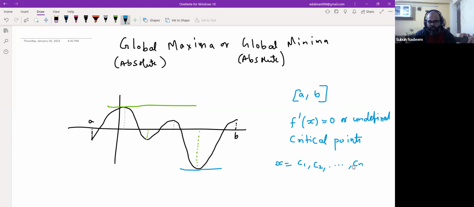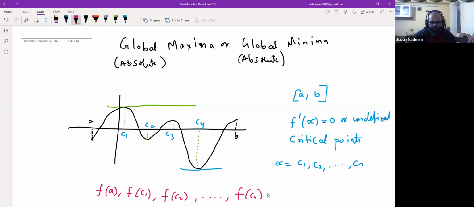These are the critical points. As you can see here, this is C1, this is C2, this is C3, this is C4. There the derivative is 0. And you find the value at A, at C1, at C2, similarly at Cn, and at B, at endpoints also.